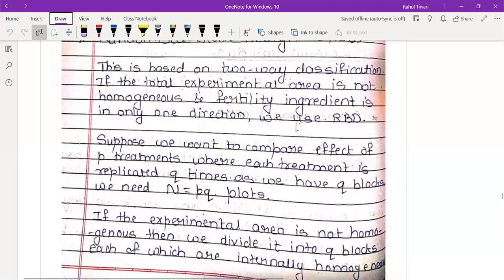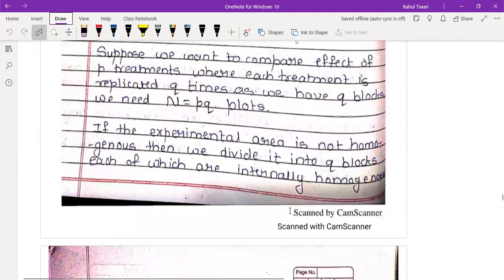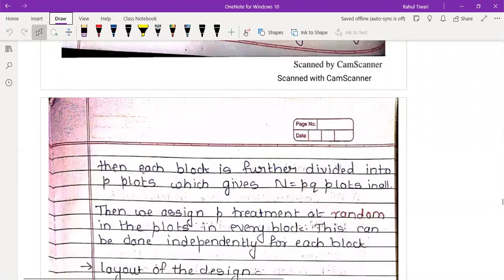But as you know, the experimental area is not homogeneous. Then we divide it into Q blocks, each of which is internally homogeneous, and then each block is further divided into P plots, which will give us N equal to PQ plots in all.